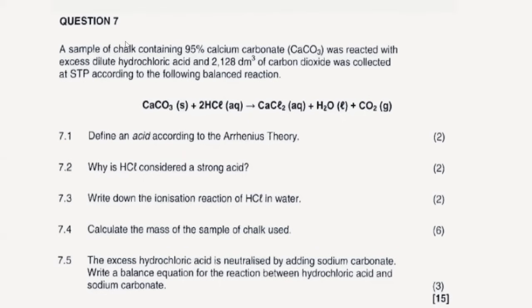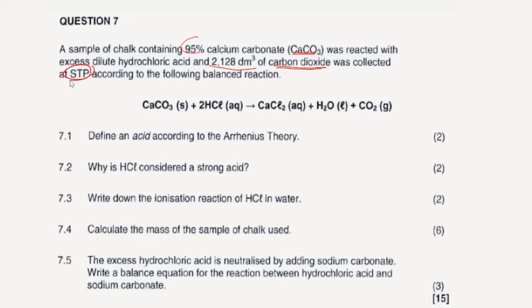We have question 7. It says a sample of chalk containing 95% calcium carbonate, which we are given the molecular formula there, was reacted with excess dilute hydrochloric acid and 2.128 dm cube of carbon dioxide was collected at STP.